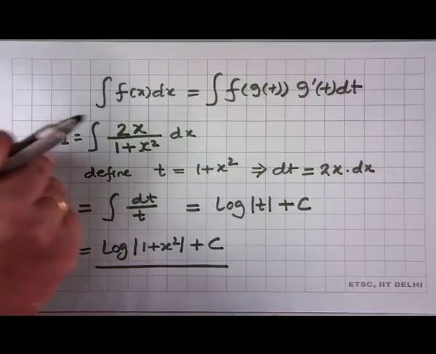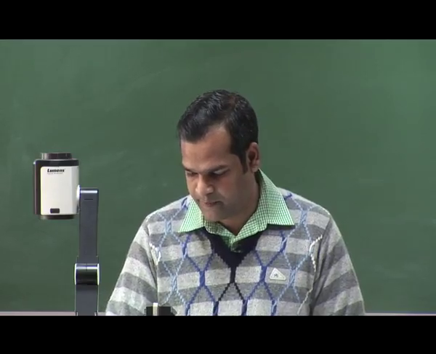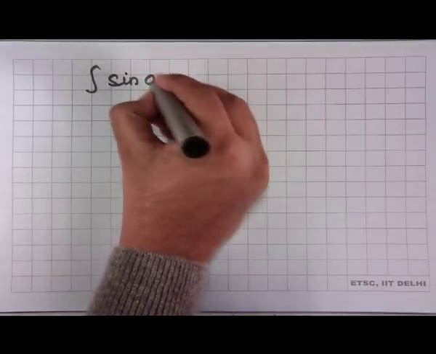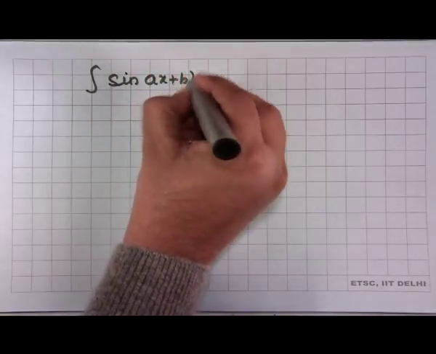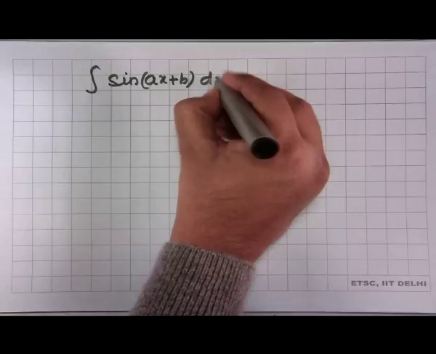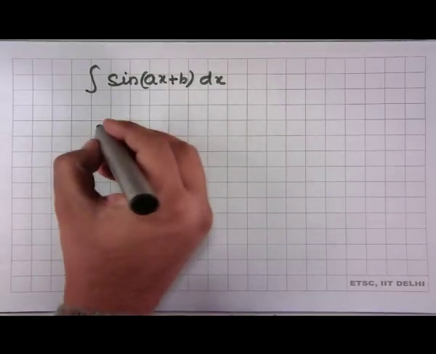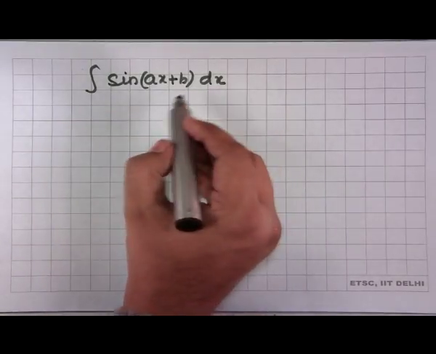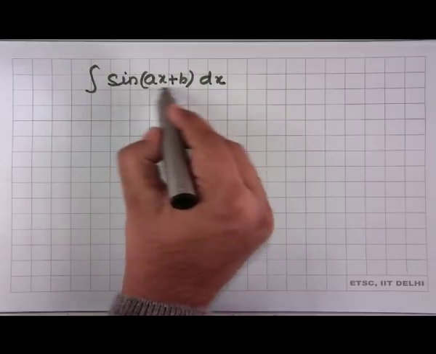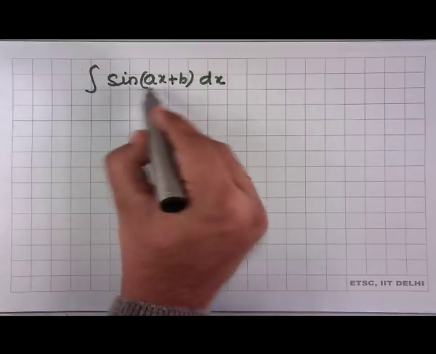Another simple example: integration of sine of a x plus b dx. You can easily see that if I take a x plus b as some new variable t, we know the integral of sine t.